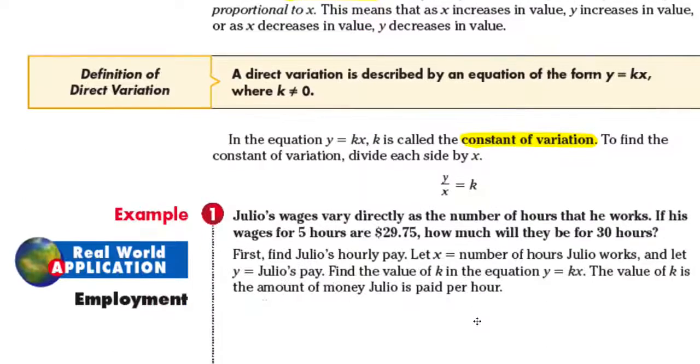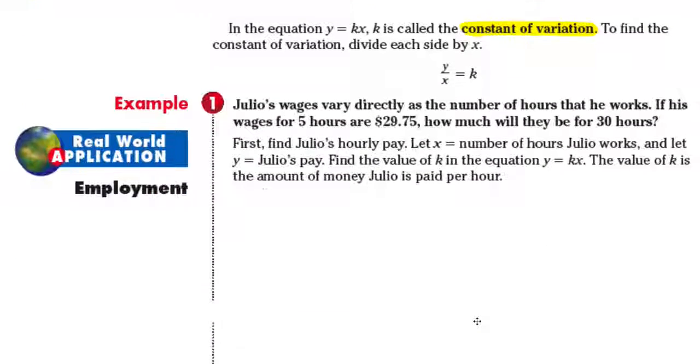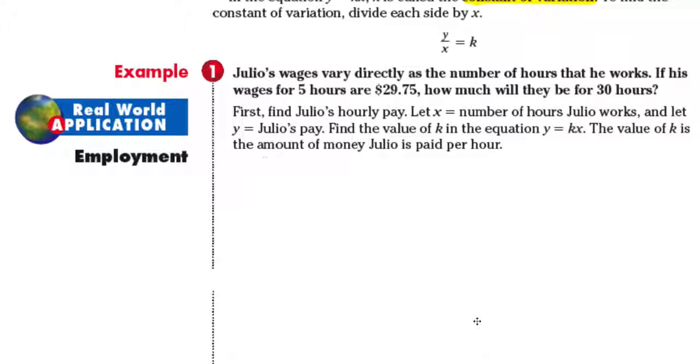So look at example number 1. Let's see how we use this formula. Julio's average wage varies directly as the number of hours that he works. If his wages for 5 hours are $29.75, how will they be for 30 hours?